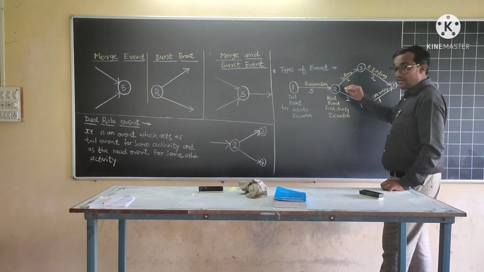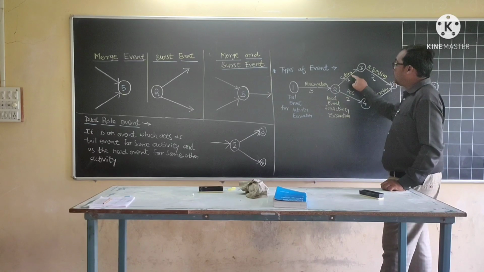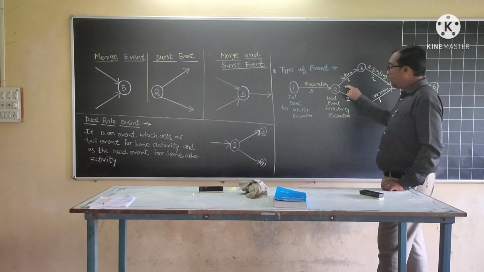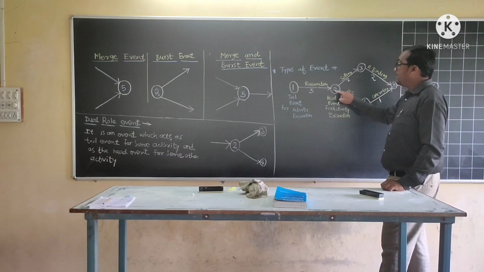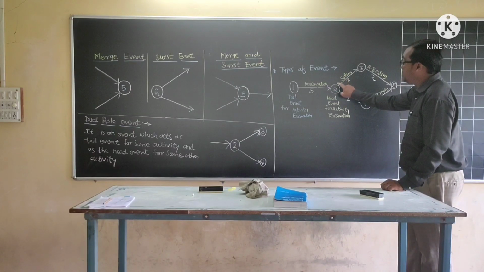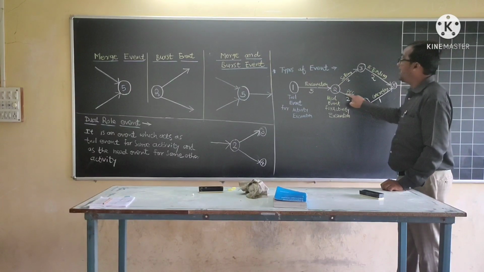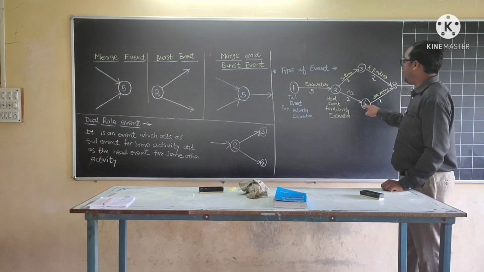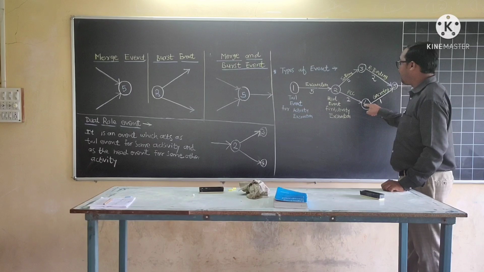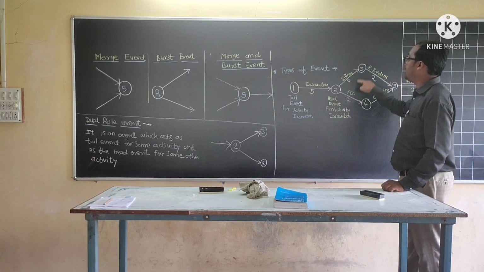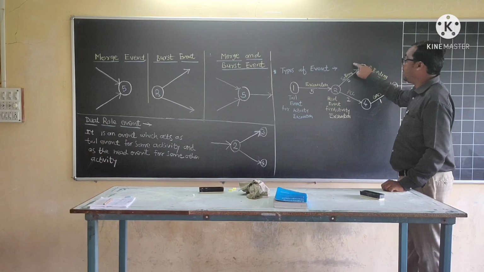But at the same time, SOLI and PCC are two different activities starting at the same event number 2. Therefore, event number 2 is the tail event for activity SOLI and tail event for activity PCC. If you consider event number 4, then this is the head event for activity PCC, and 3 is the head event for activity SOLI.